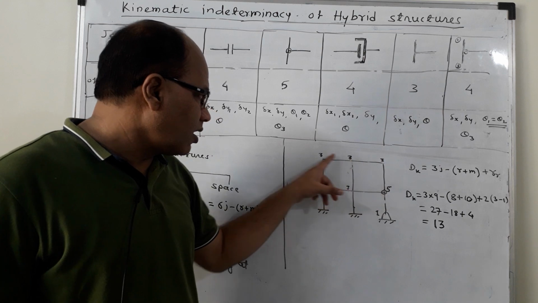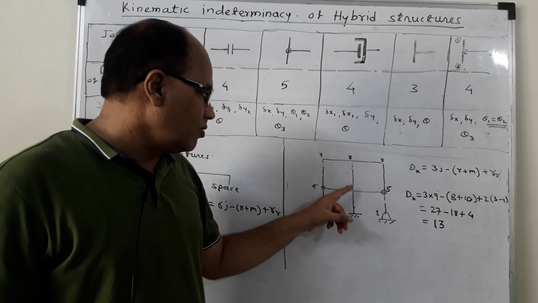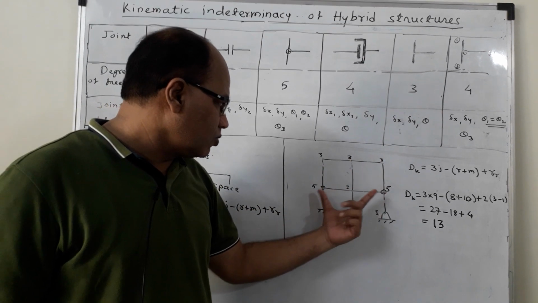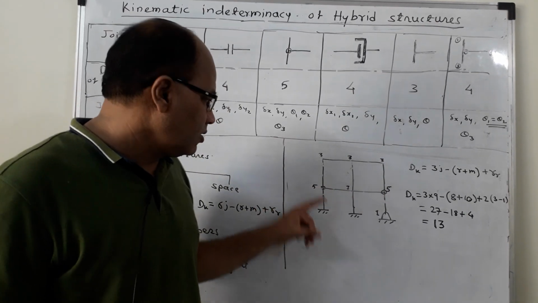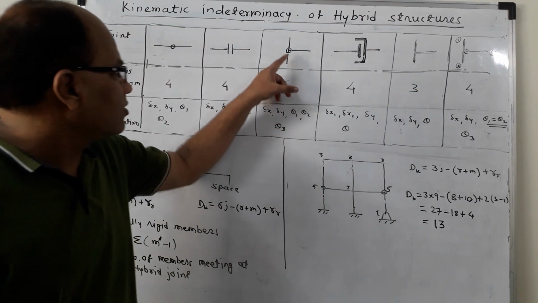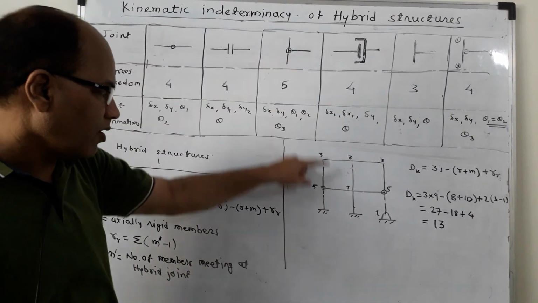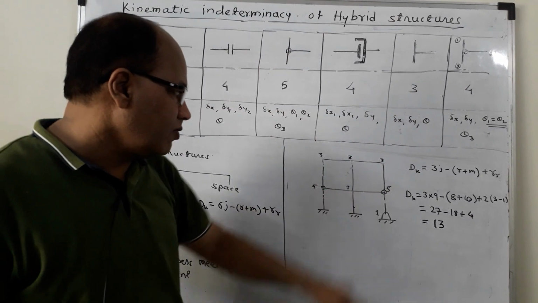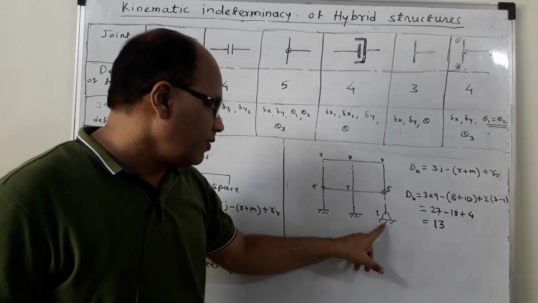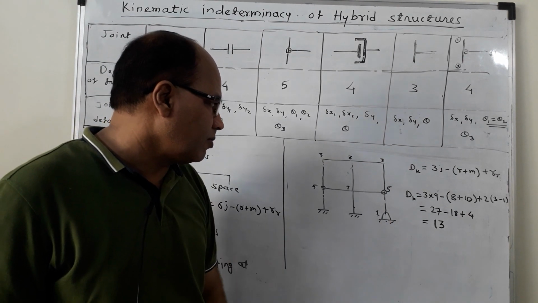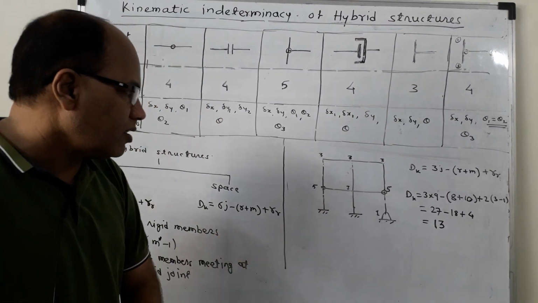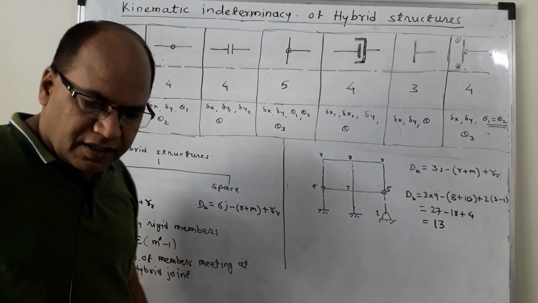Whereas there are these two hybrid joints in which an internal hinge is used and 3 members are meeting. For such a joint the degree of freedom is 5. So 5 over here, 5 over here, and the degree of freedom over here is 1 because it is a hinge support.